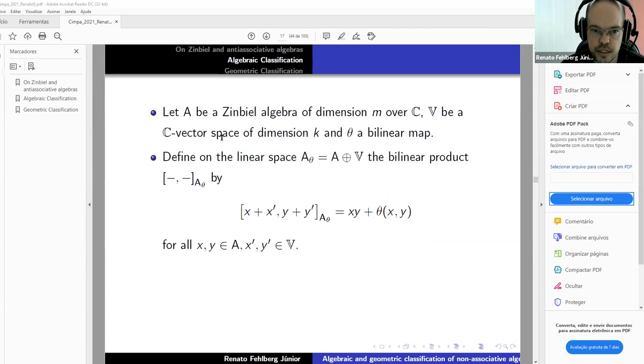So here we define a linear space, A theta, by defining this new product, given by this identity, where xy here is the old product.